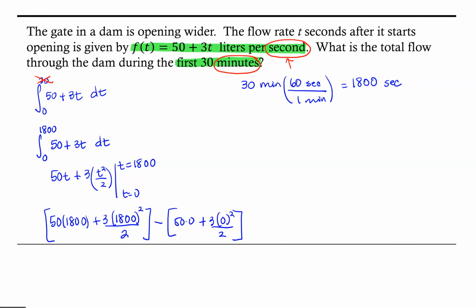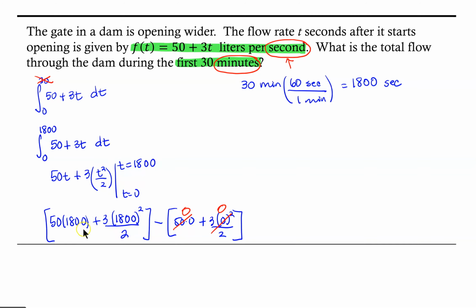Now notice when we evaluate our lower limit, 50 times 0 is 0, and 3 times 0 squared over 2 is also 0. So my value is dependent simply on this upper limit of integration in this particular case.